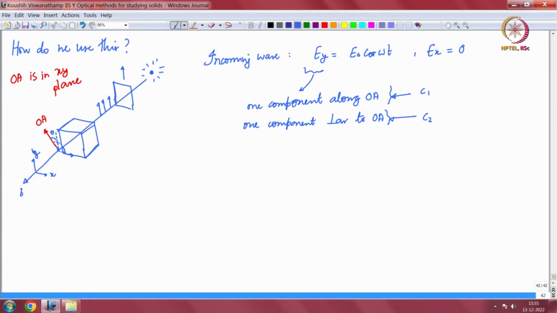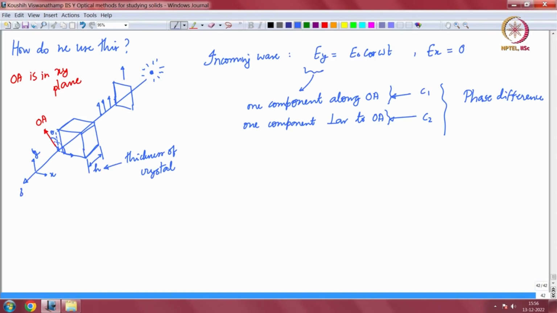And depending on how far they propagate, which means depending on the thickness of the crystal, this is the thickness of the crystal, you will see a phase difference, and we can actually quantify that phase difference, right.